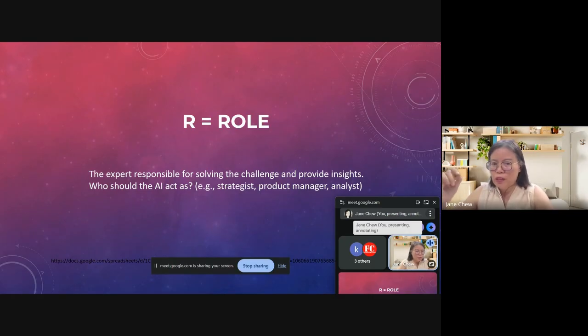So give a role to the chat, because sometimes the same output can be produced by, let's say, an operations manager versus a director, and their output can be very different because they look at things differently. So it is best you give a role for the AI who you want them to act as.